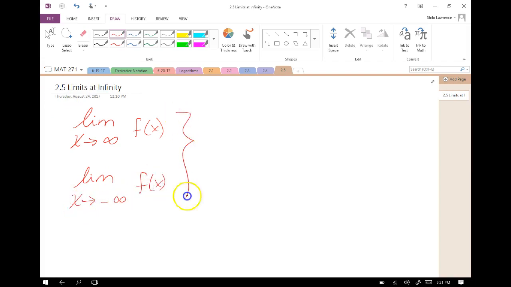And what this is called is the end behavior of a graph, because x approaches positive and negative infinity at the far right and left ends of a graph.